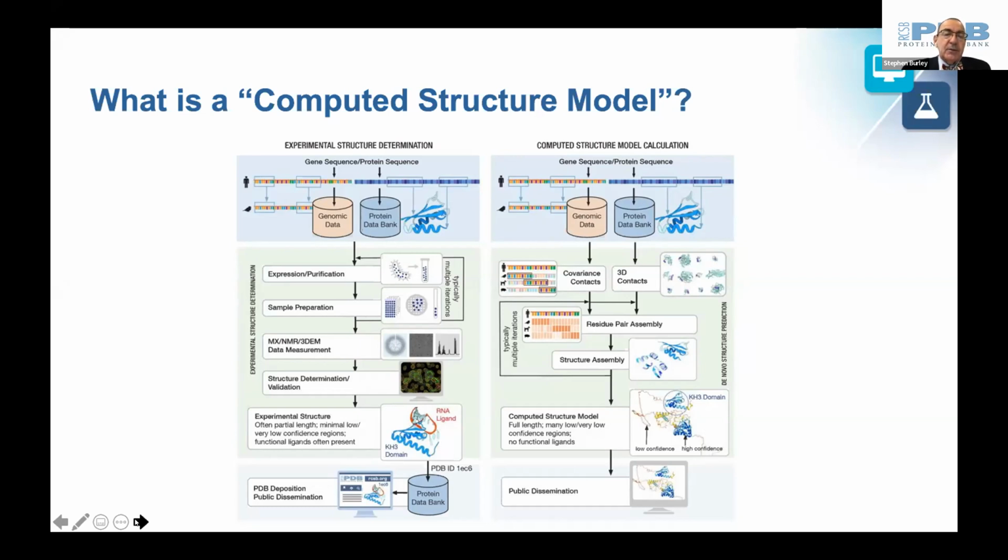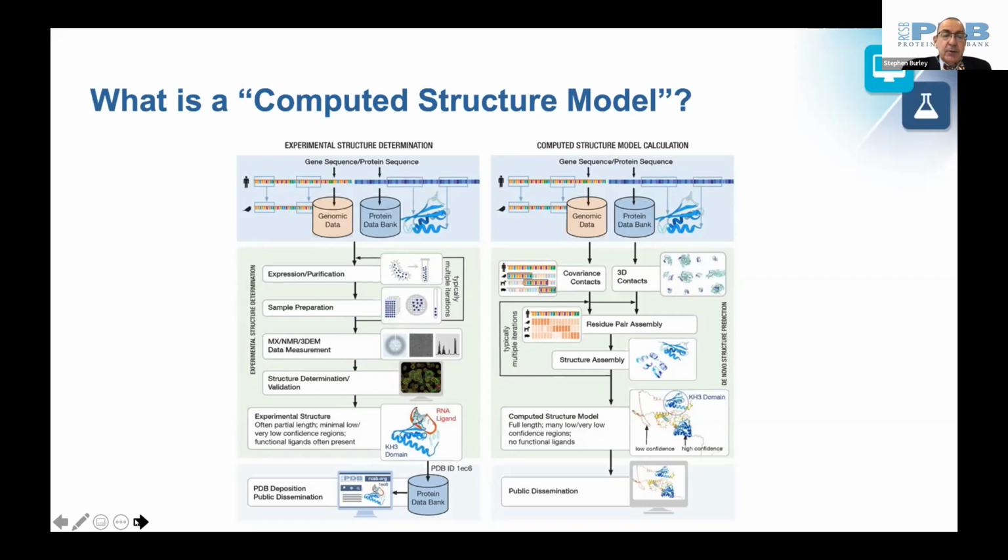On the experimental side, the sample has to actually be generated, purified, and then prepared for measurement. And a structure determination process involving extensive computational resources is carried out, resulting in an experimental structure.